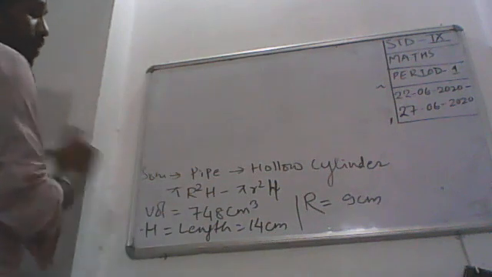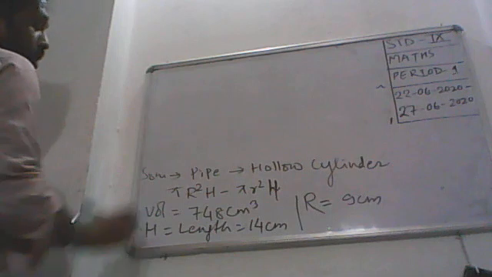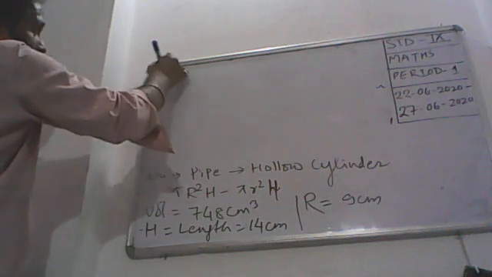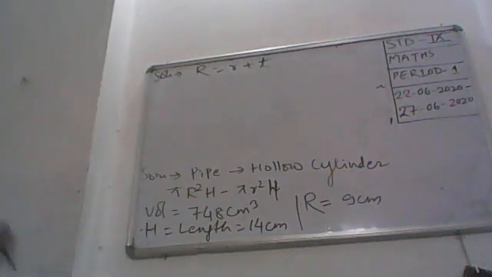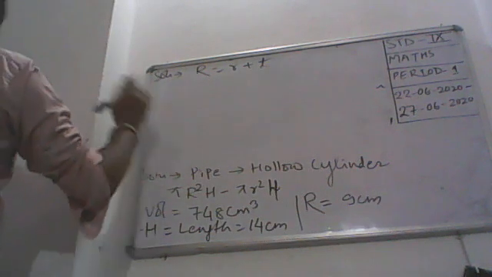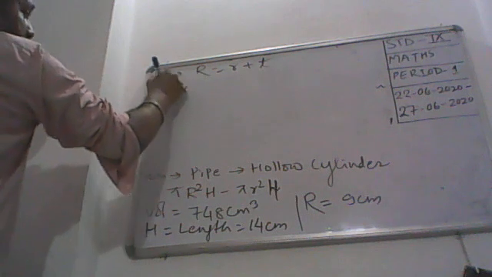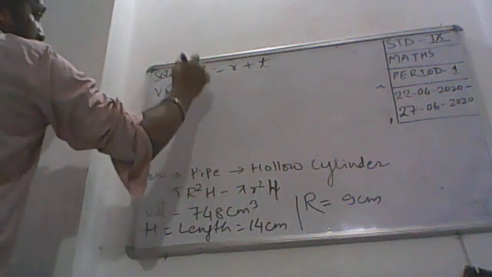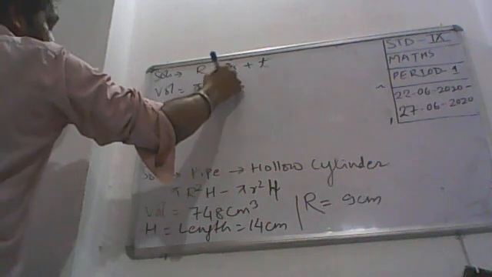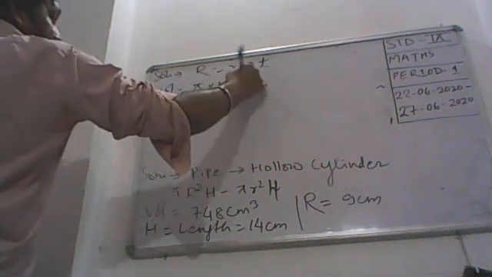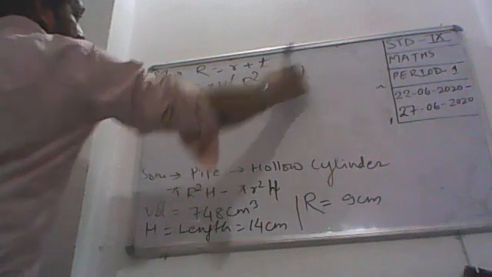We have to find the thickness here. We know that capital R is equal to small r plus t. So here we can write volume is equal to pi into h, where h is common, it is 14 here, into R square minus r square.